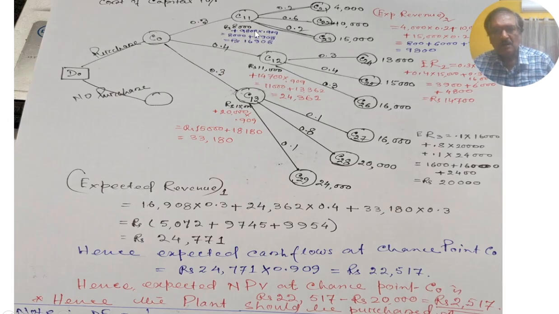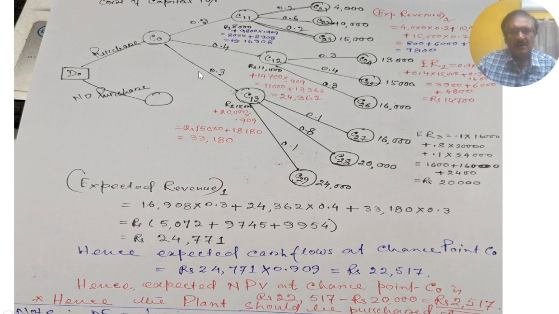Okay. Now for the second year, if the cash flow is 8,000, then for the second year the cash inflows will be 4,000 with probability 0.2, 10,000 with probability 0.6 and 15,000 with probability 0.2. In this way, if the cash inflow for the first year is 11,000, then the second year cash flows will be 13,000 with probability 0.3, 15,000 with probability 0.4, 16,000 with probability 0.3.